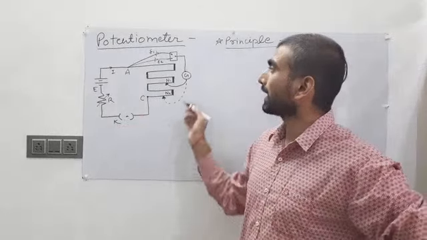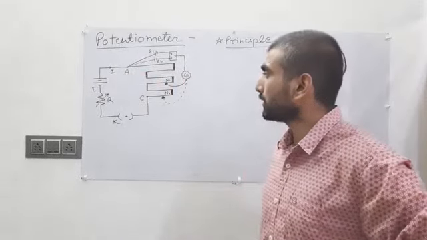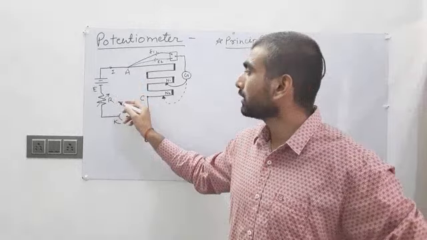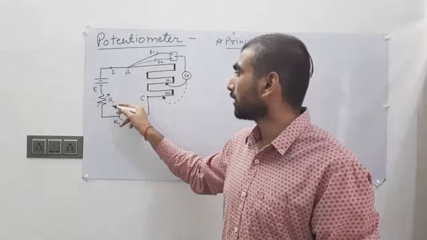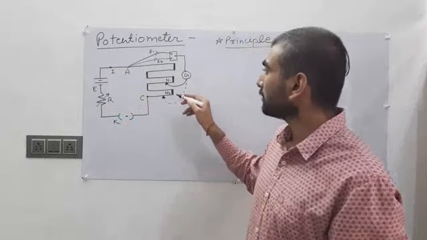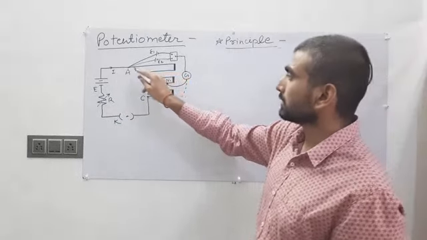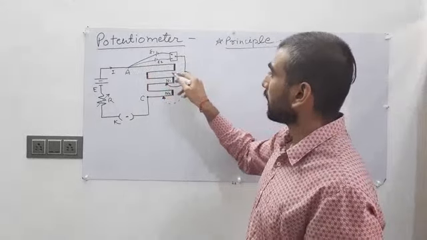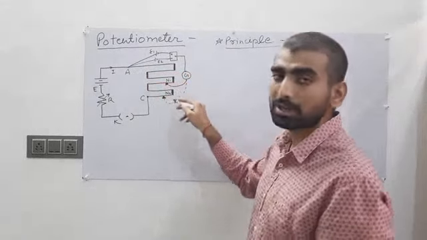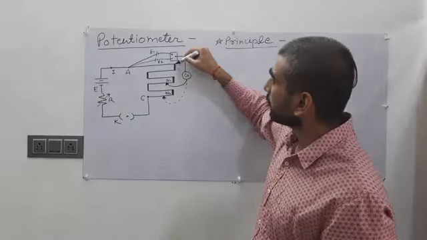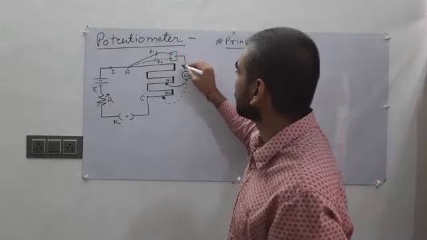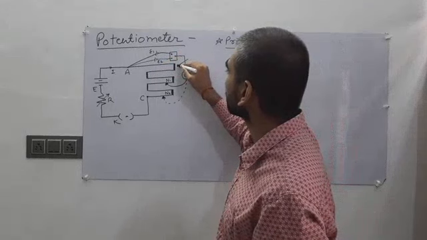This is the diagram of a potentiometer in which a battery E is connected in series with a variable resistance R. This is a wire, A and C, and this wire is folded multiple times, and at the end of this foldable wire these are metal strips.